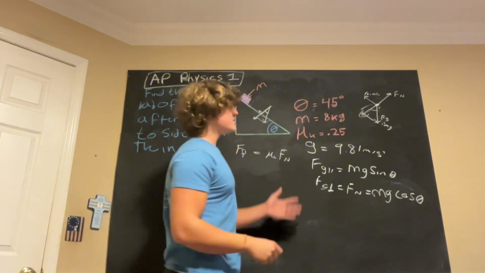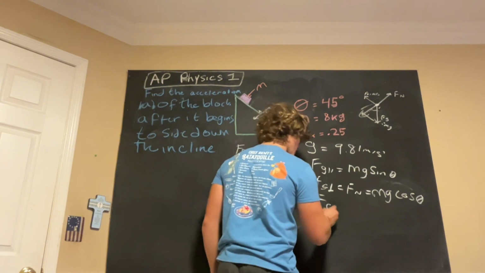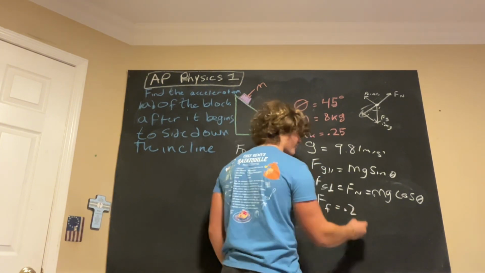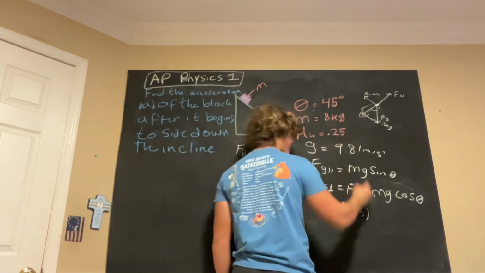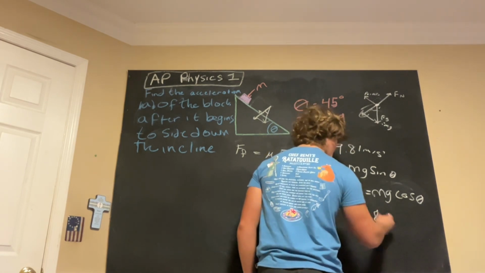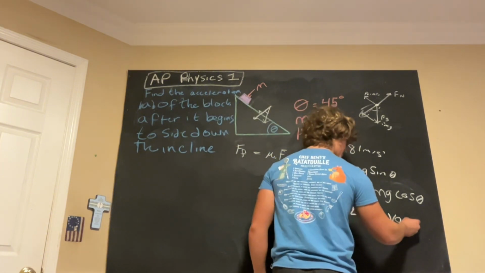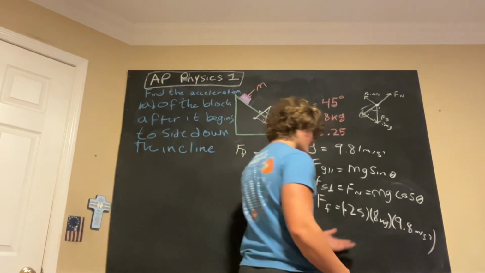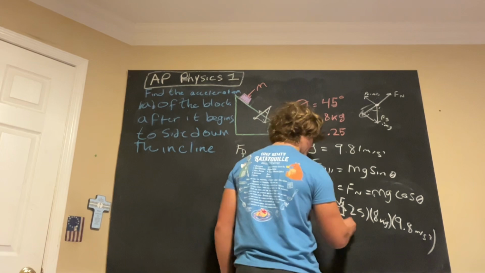So what that means is that the force of friction is equal to 0.25, our coefficient of kinetic friction, times our mass, which is 8 kilograms, times the strength of gravity, which is 9.8 meters per second squared, times cosine of 45, which is radical 2 divided by 2.